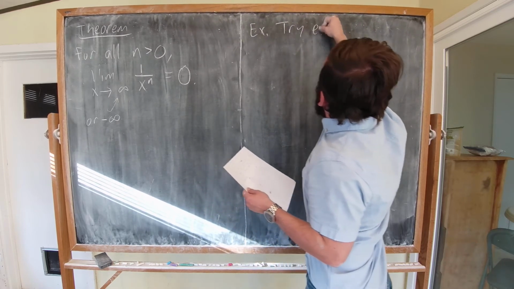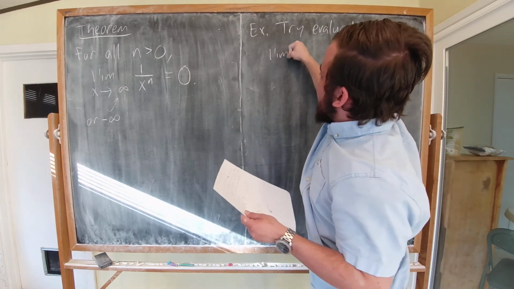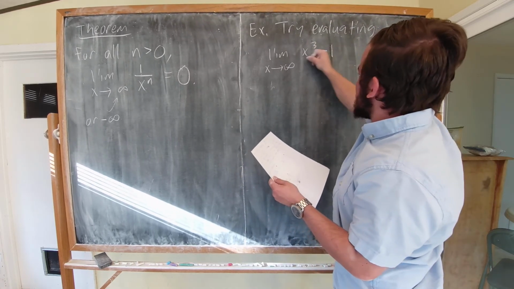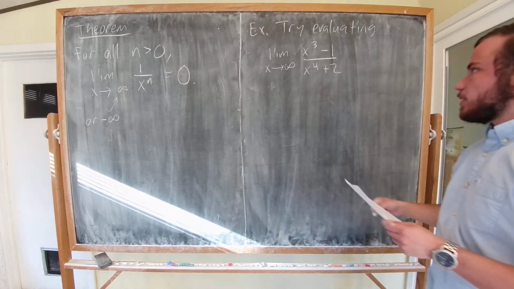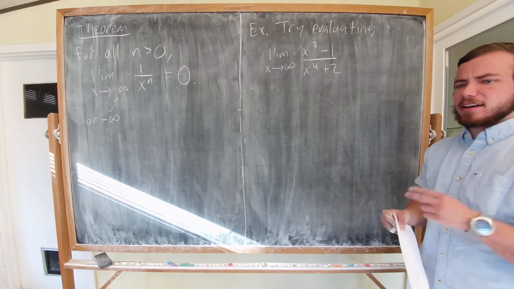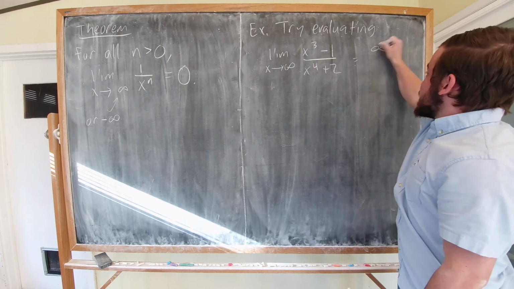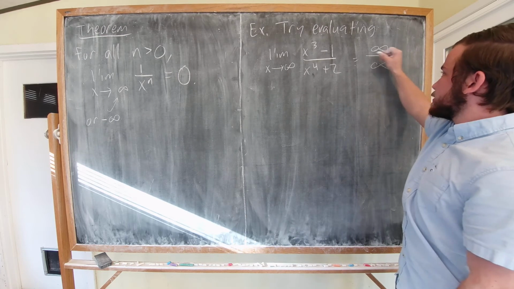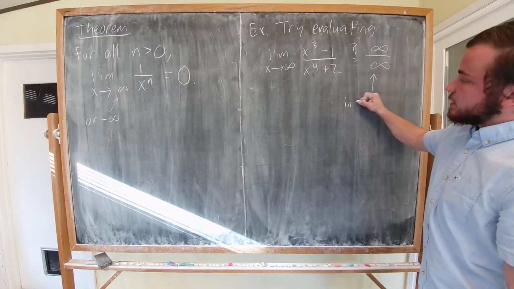Let's try evaluating the limit as x goes to infinity of x cubed minus 1 over x to the 4th plus 2. Well, we can't do it just by plugging in infinity for x, right? Infinity cubed is infinity minus 1. That's infinity. Infinity to the 4th, infinity plus 2 is still infinity. Infinity over infinity, this is actually another indeterminate form.